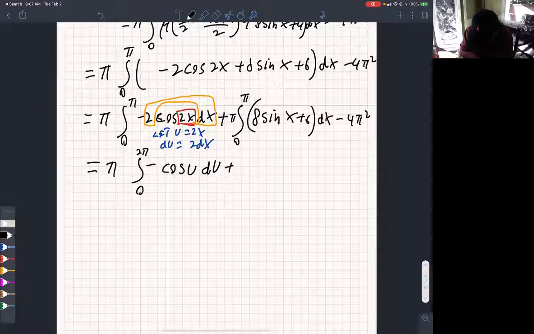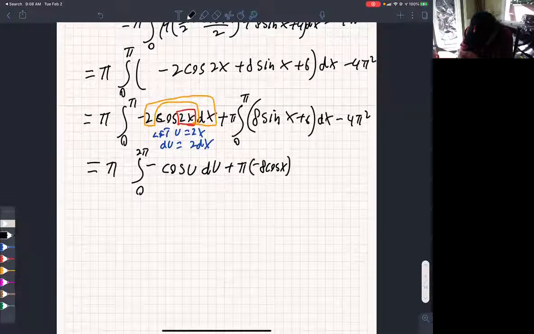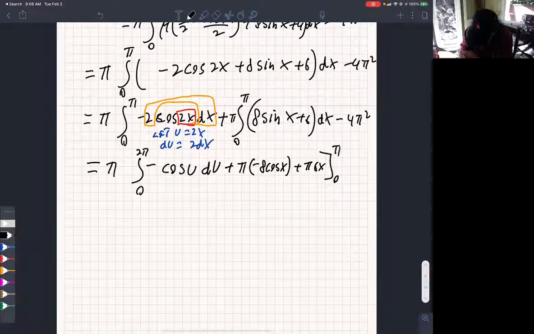And let's do this. The derivative of what is 8 sine x? It's going to be minus 8 cosine x plus pi 6x from 0 to pi minus 4 pi squared.